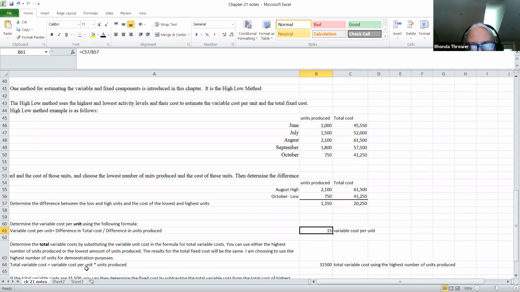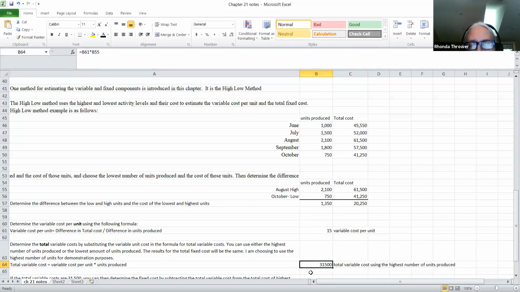So my variable cost per unit of $15 would be multiplied by my units produced, and since I'm choosing the highest, my total variable cost is $31,500. Again, I get that by taking $15 variable cost per unit times the number of units produced, 2,100 units. This is my total variable cost.